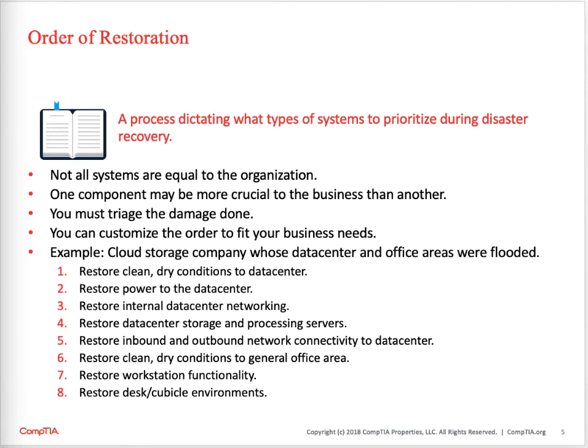It's going to be the same way like how, when you go to the emergency room, you're going to be put in triage, right? Somebody who's been shot is going to get attention before the person that has a cold, right? So we need to triage the damage that's done to our organization.